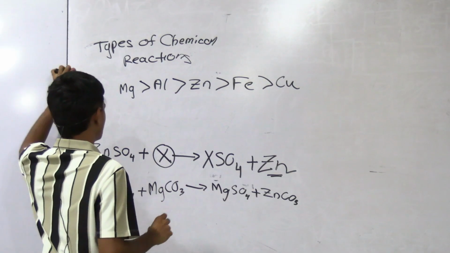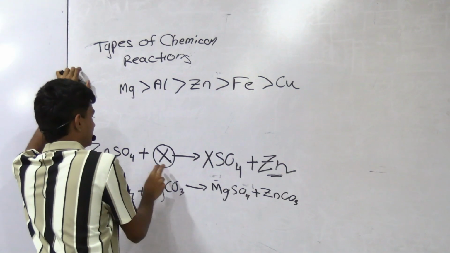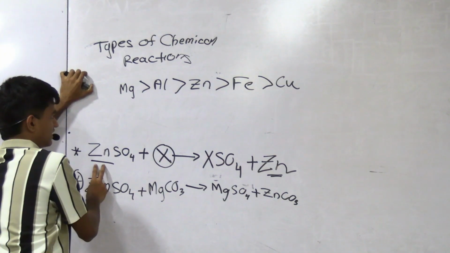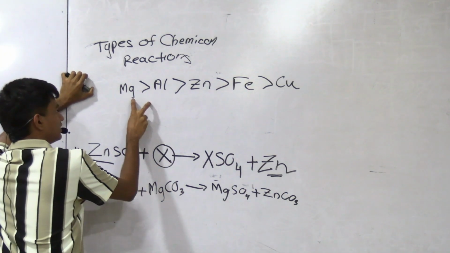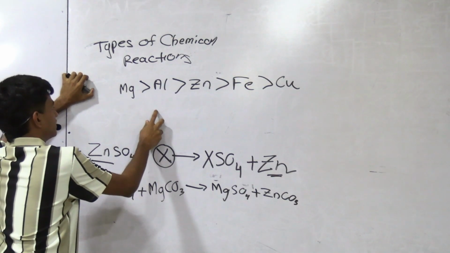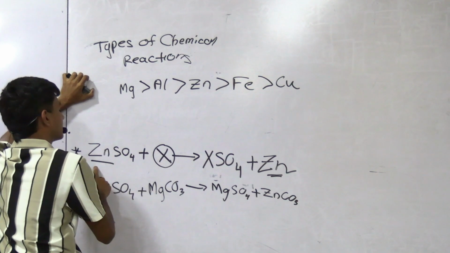So for this X to kick zinc out, X has to be more reactive than zinc. So we have two elements which are more reactive than zinc, which are magnesium and aluminium. So if X was magnesium, then it could kick out zinc.